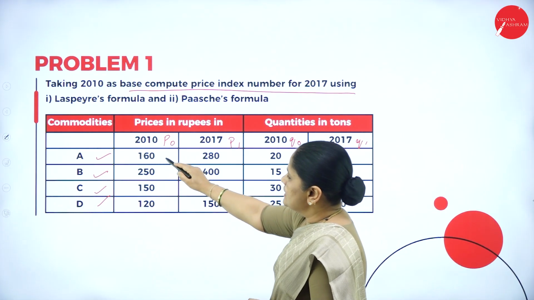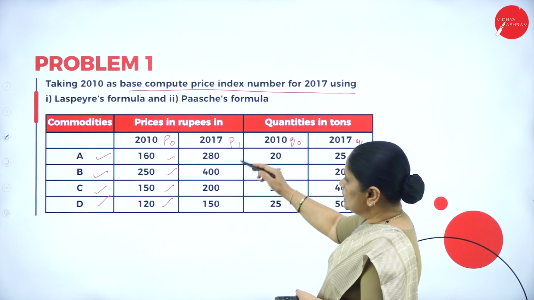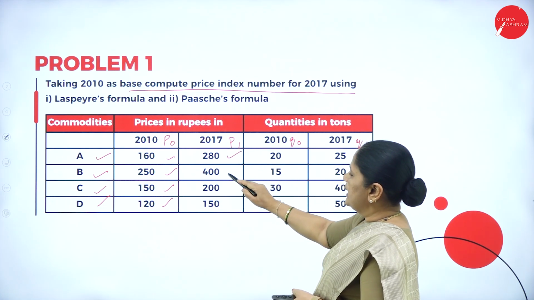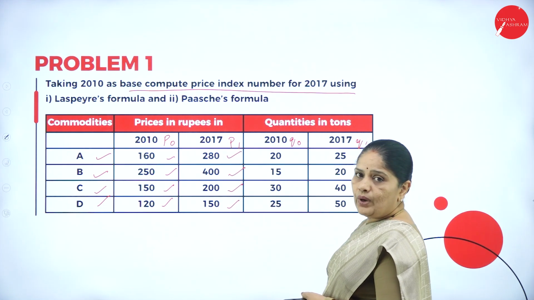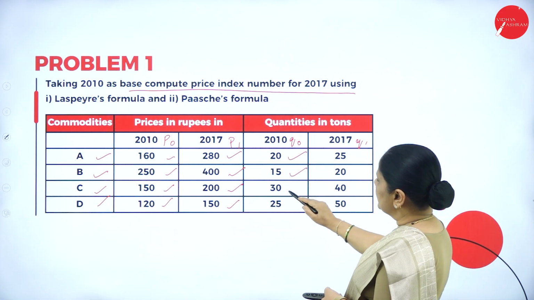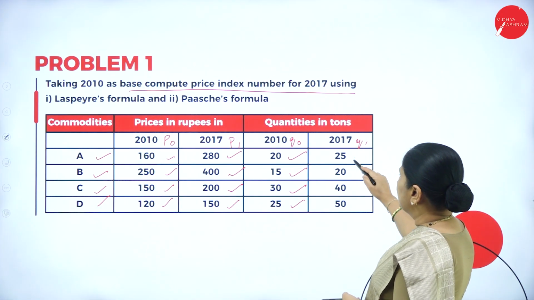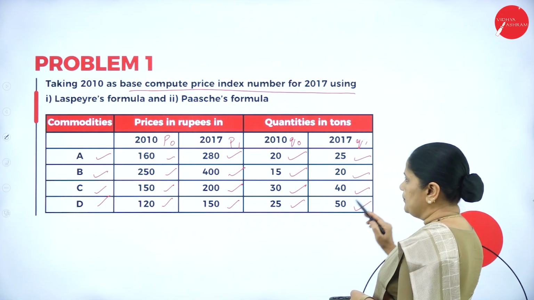Here we have 160, 250, 150 and 120. In 2017 the prices are 280, 400, 200 and 150. The quantities in the base year are 20, 15, 30 and 25. The quantities in the current year are 25, 20, 40 and 50.